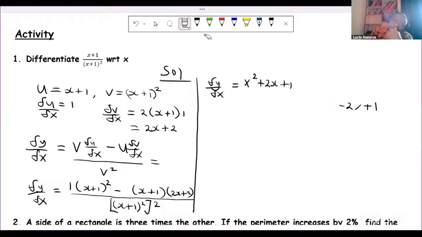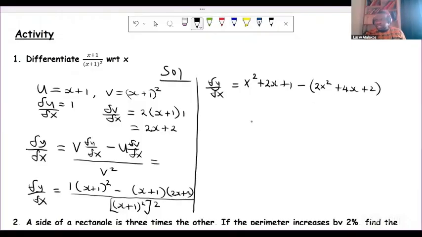Then, if I expand this, remember, the negative will affect everything here. So this becomes 2x squared plus 2x plus 2x. That's 4x plus 2.